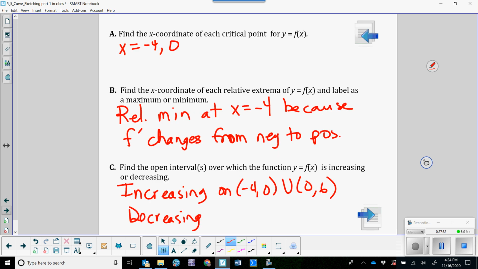That's the only place that f prime is below 0. Increasing is where f prime is greater than 0, and decreasing on -6 to -4 is where f prime is less than 0. Okay? So there's our definitions, and there's our increasing, decreasing.